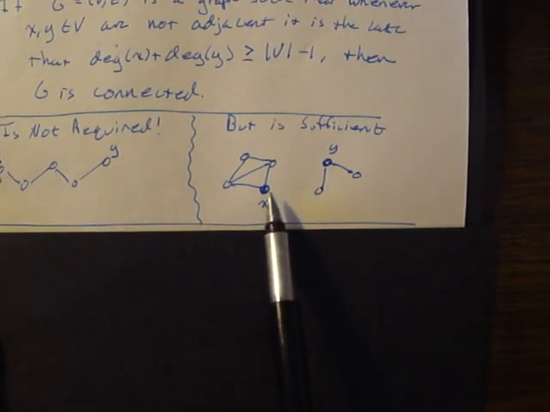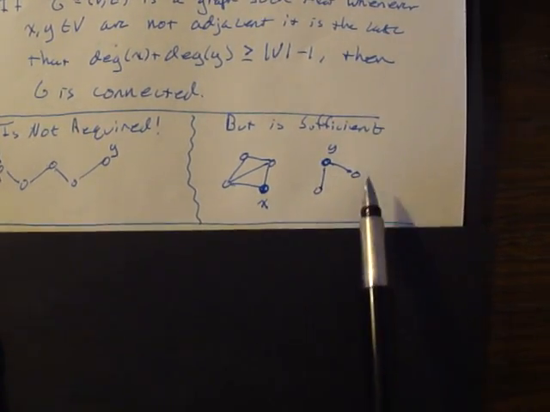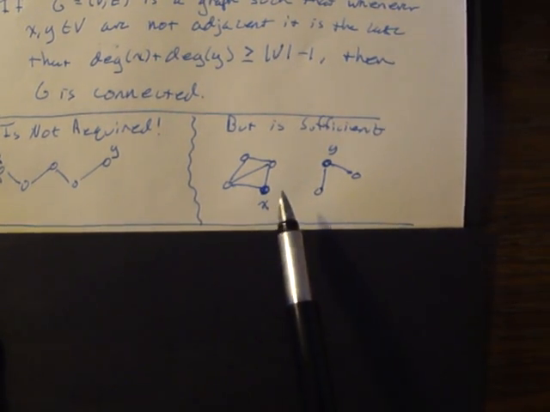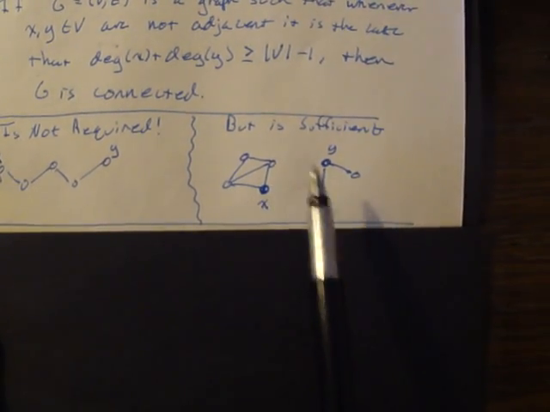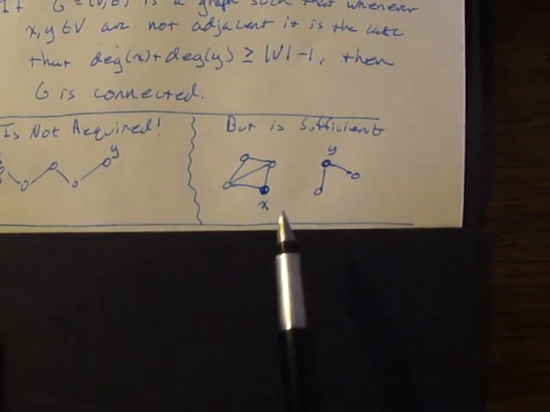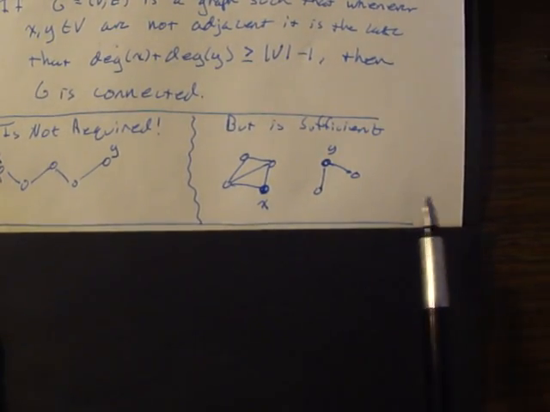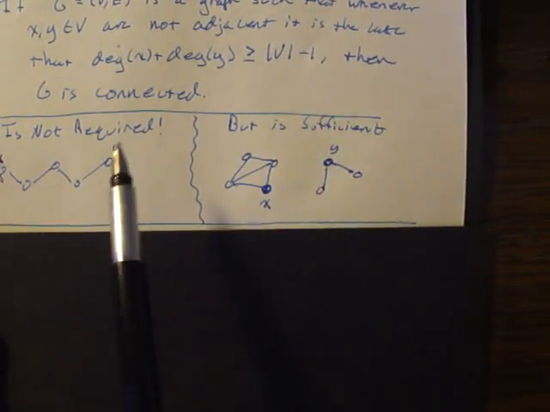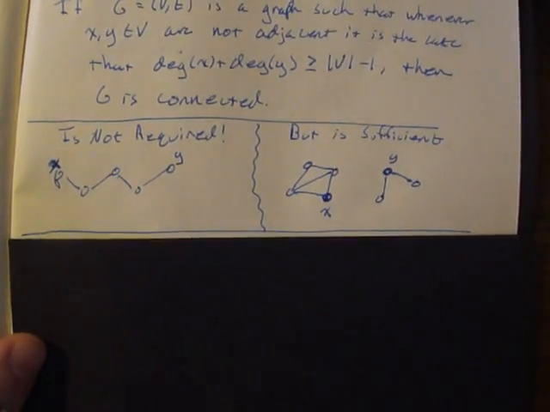So 1 plus 3 is 4, the sum of their degrees, and there are 7 vertices, and so 4 is less than 7 minus 1, which is 6. So we see that the condition is not met in this disconnected graph.